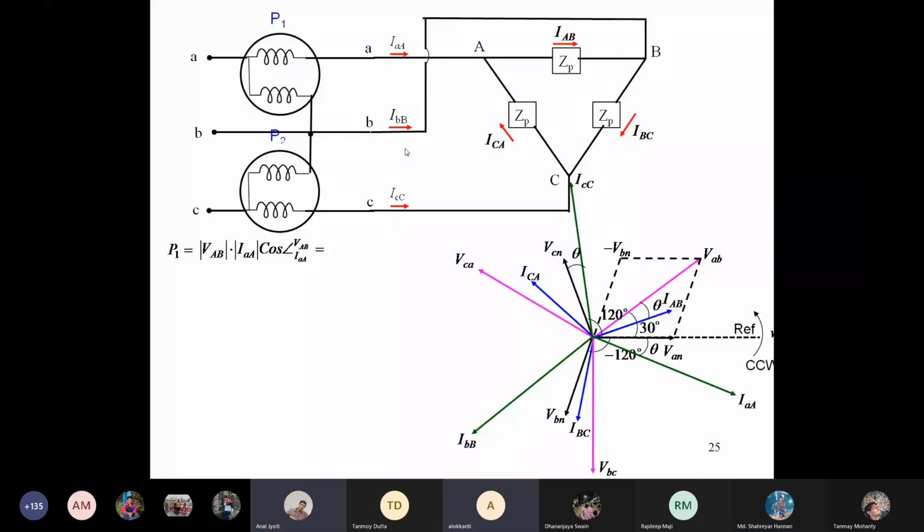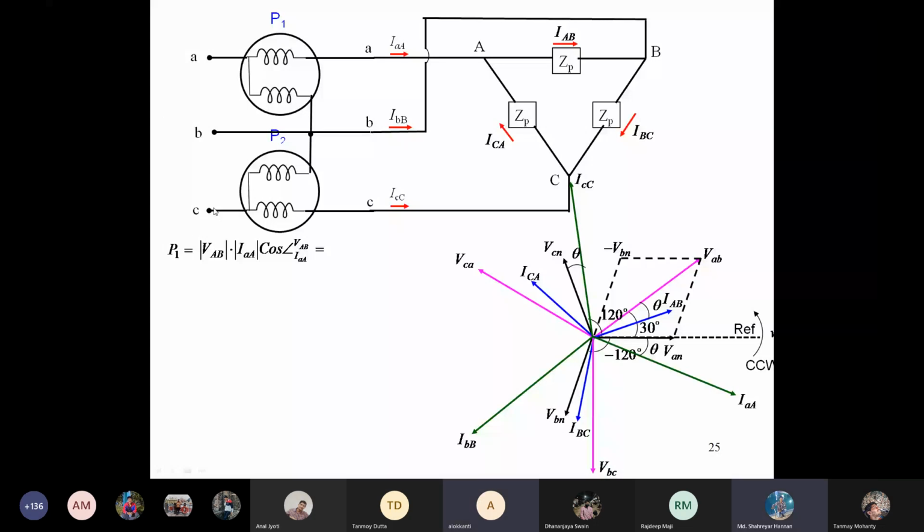That is coming from the AN of that one. VAB is available, and VAN is coming from the generator. I have not shown the generator here. There is a generator that generates all these voltages.